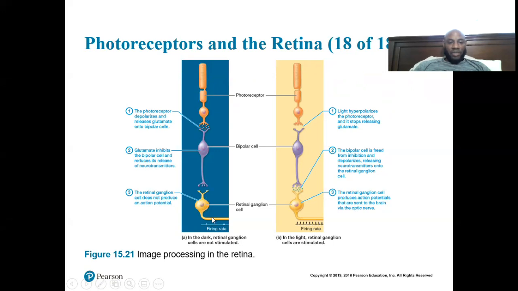So we don't get this action potential. We know we're in the dark. In the light, the photoreceptor hyperpolarizes. The bipolar cell is freed from inhibition, depolarizes, releases neurotransmitter, and sends a signal. The retinal ganglion cell produces an action potential, sent to the brain. We are seeing things. Notice the firing rate.